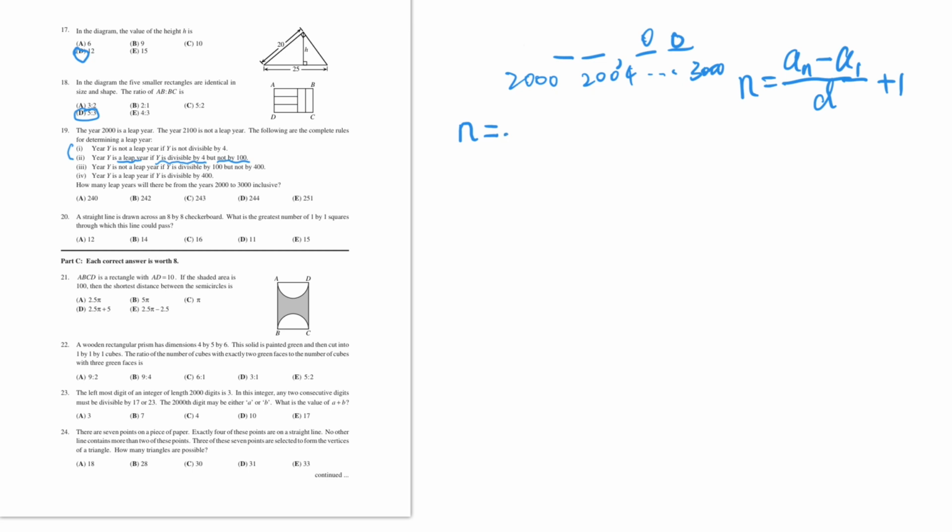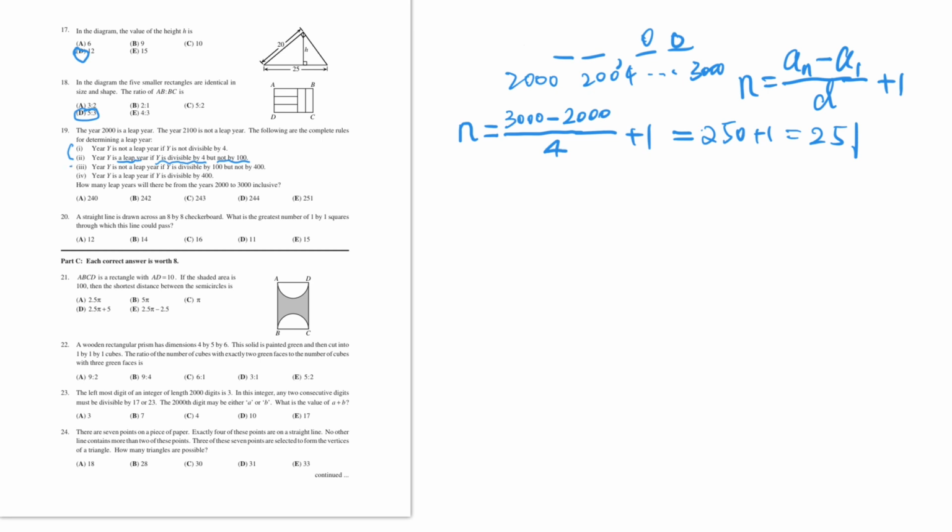So we use the formula: 3000 minus 2000, divided by common difference 4, plus 1. 1000 divided by 4 is 250, plus 1. That's 251.